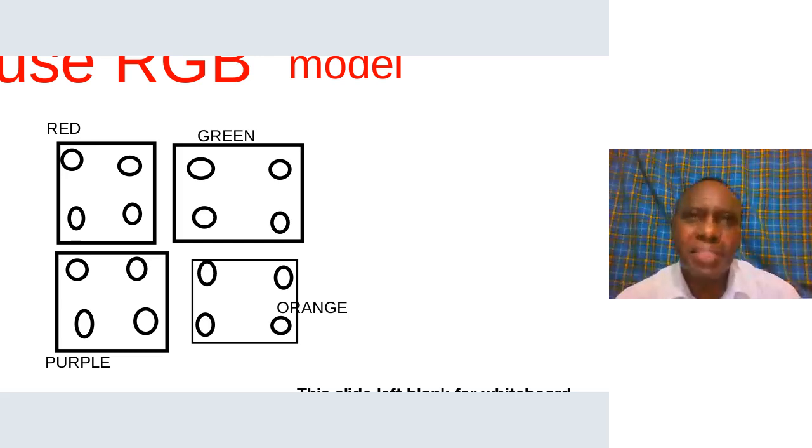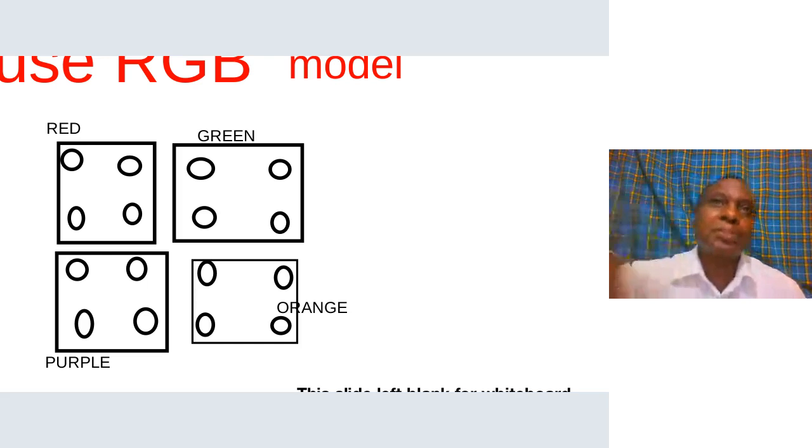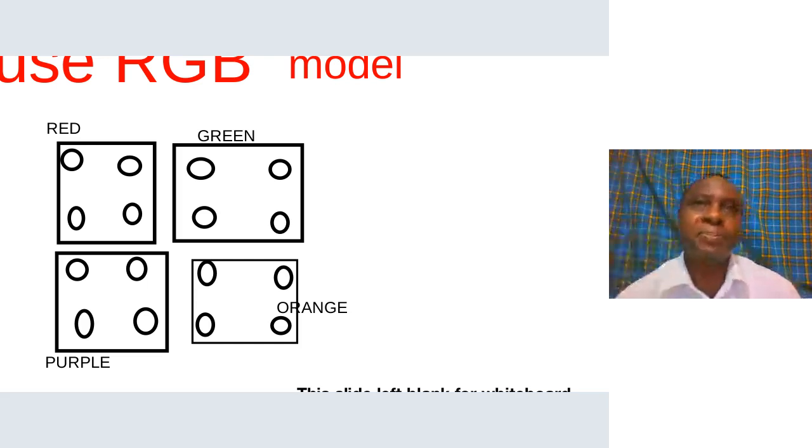I think in the paint world, when you talk about paints, we also mix paints and create other colors. So you can have maybe a red paint and a green paint and a blue paint. You mix them up, they will come up with a different color. That is in the paint world.